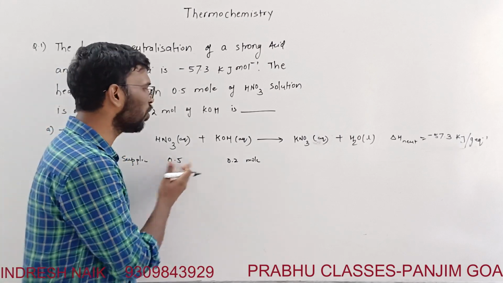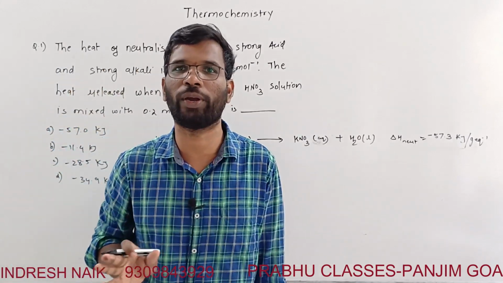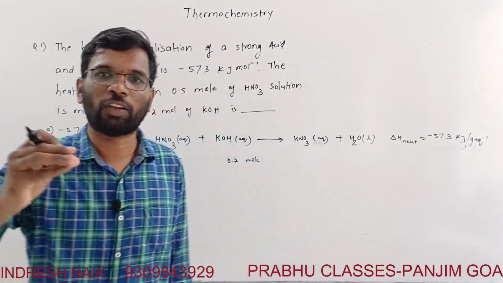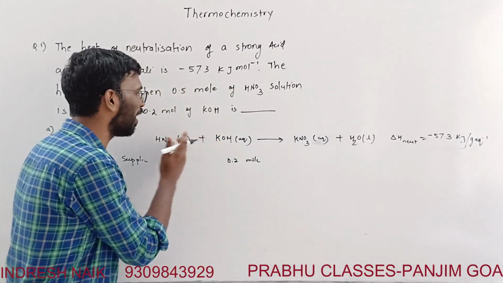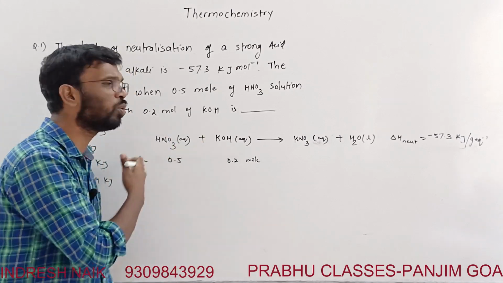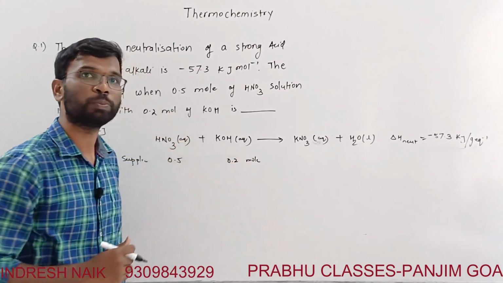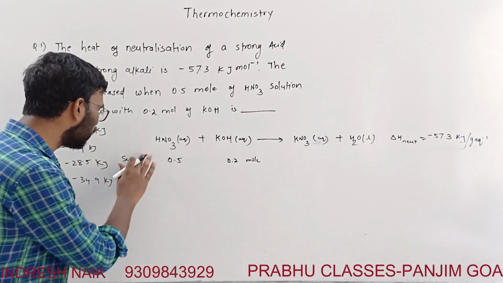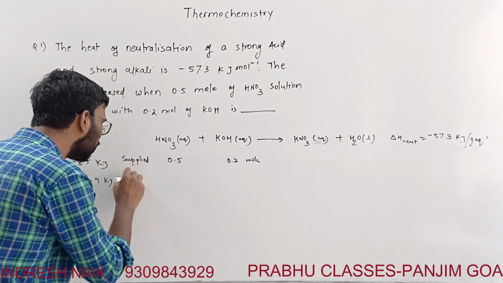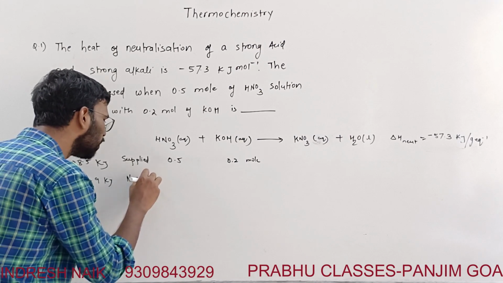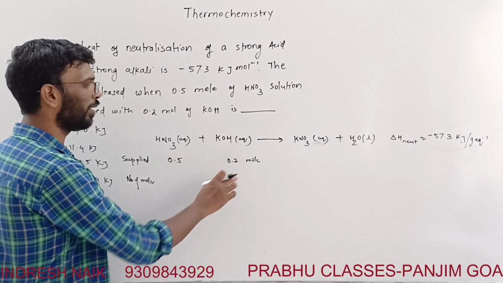Over here, everything that is supplied is not going to be utilized. It will be utilized only in the ratio of 1:1, since the standard reaction is 1:1. If it was 1:2, it would be utilized in 1:2, right? So over here, this is the number of moles supplied. What is the number of moles used? Number of moles used is 0.2 mole. This is the limiting reagent.